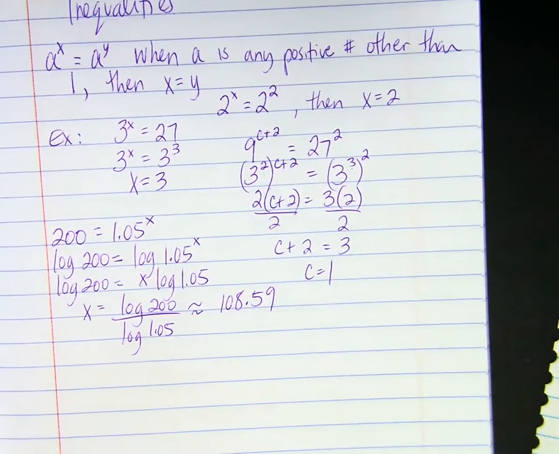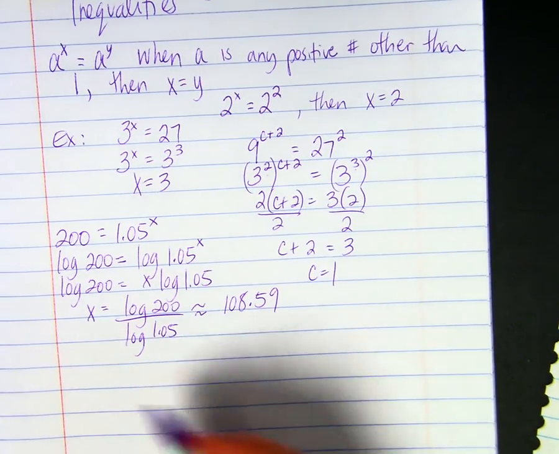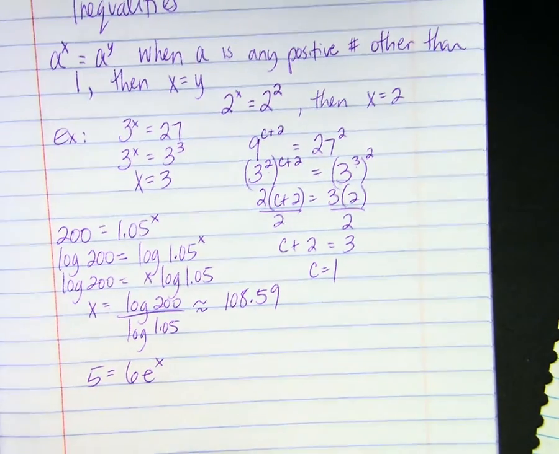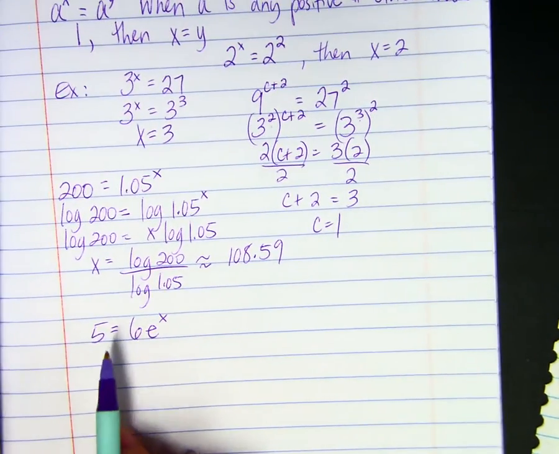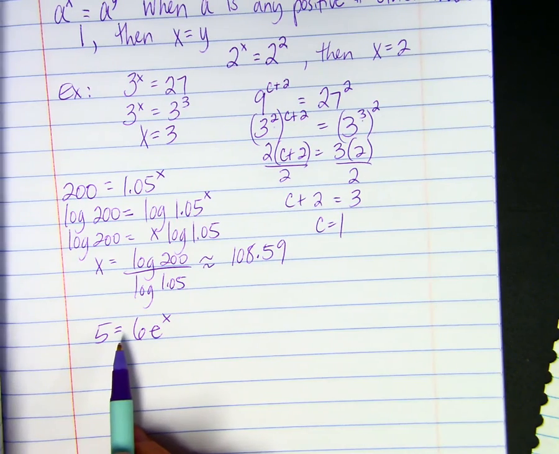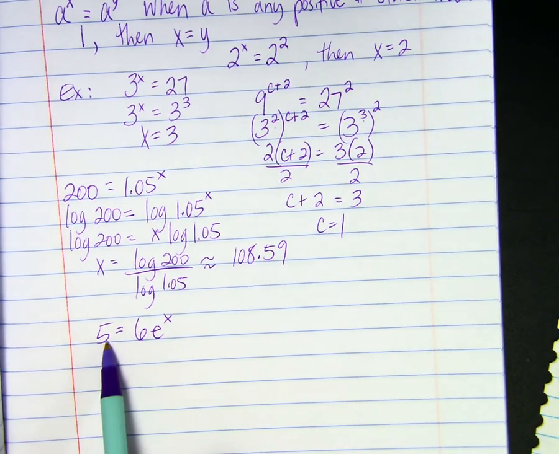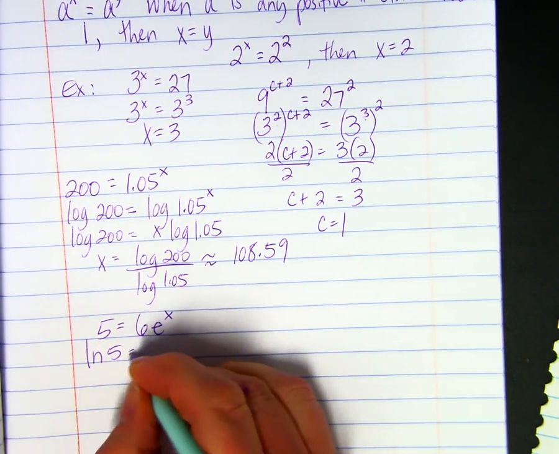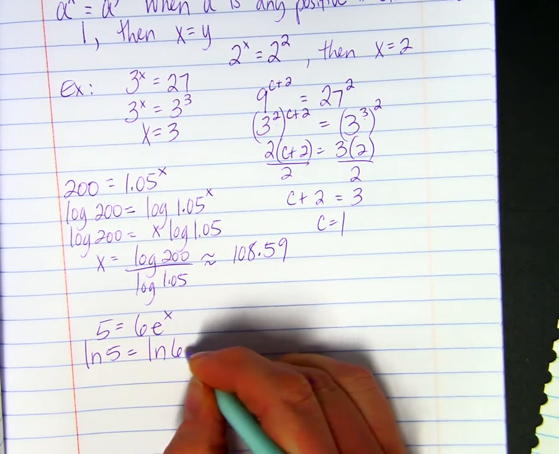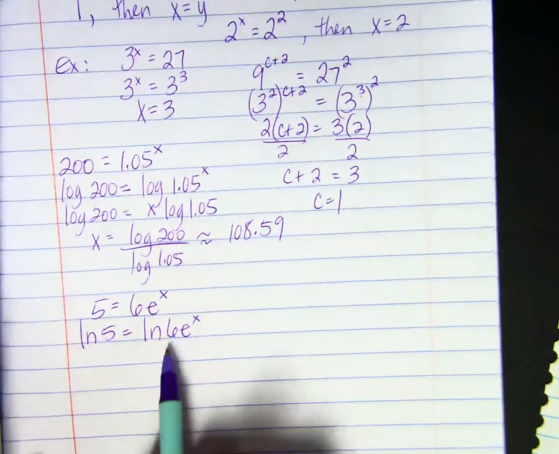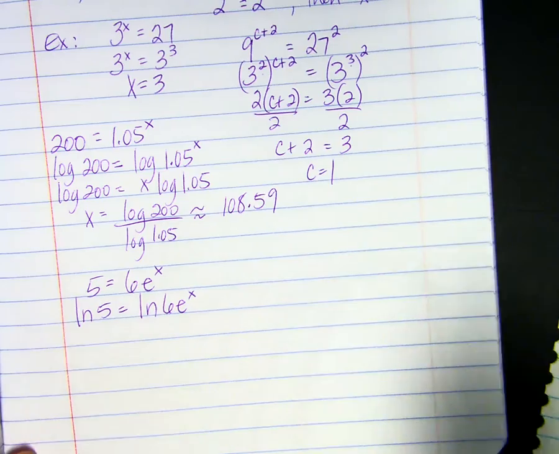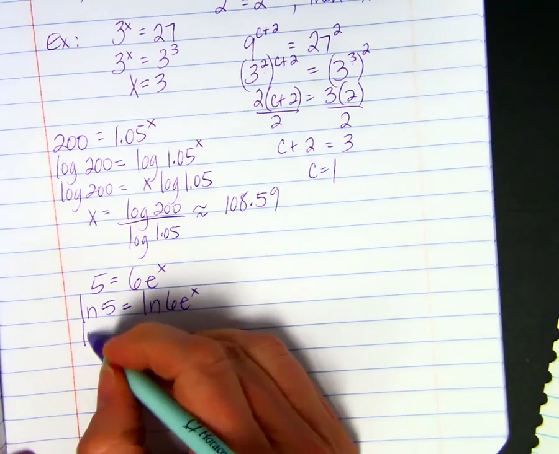Another example using natural log. So we had 5 equals 6e to the x. So we could take the natural log of both sides. Natural log of 5 equals natural log of 6e to the x. 6e to the x, there's two terms multiplied, so you can put a plus sign between them.